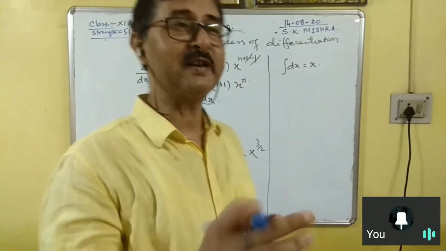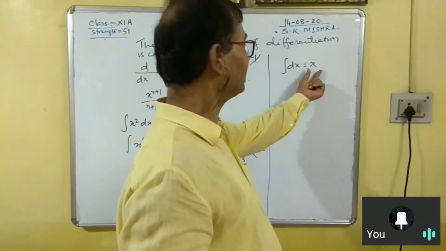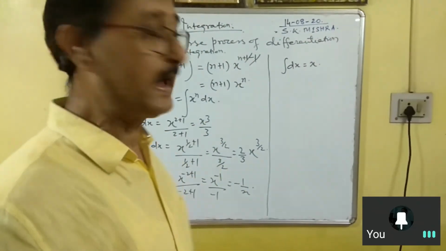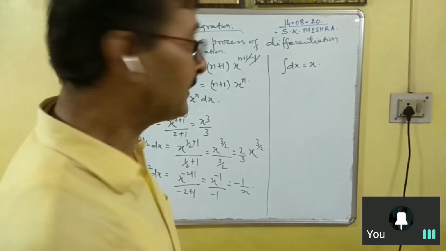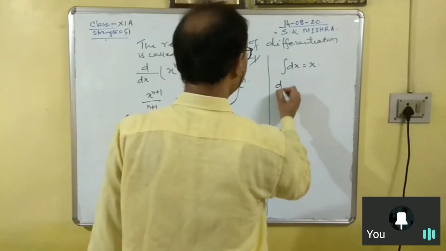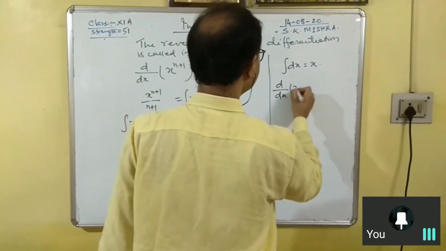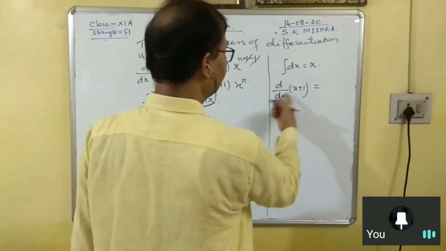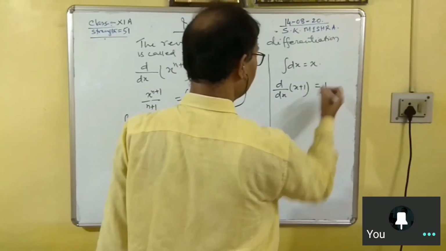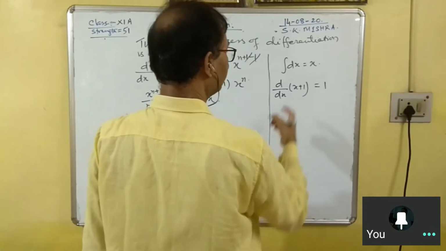Then if you integrate dx, you will get x plus some constant c. Why am I writing this? Because if I ask you d by dx of x plus 1, your answer will be dx by dx, 1, plus this is 0.